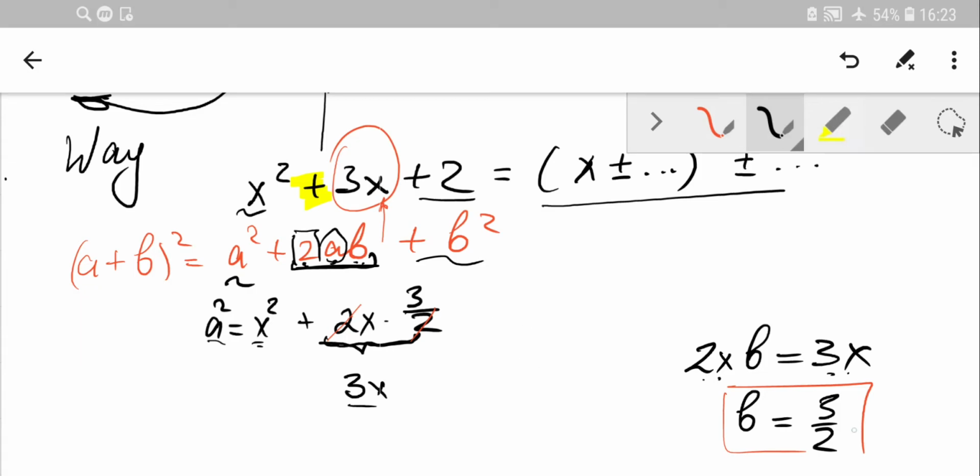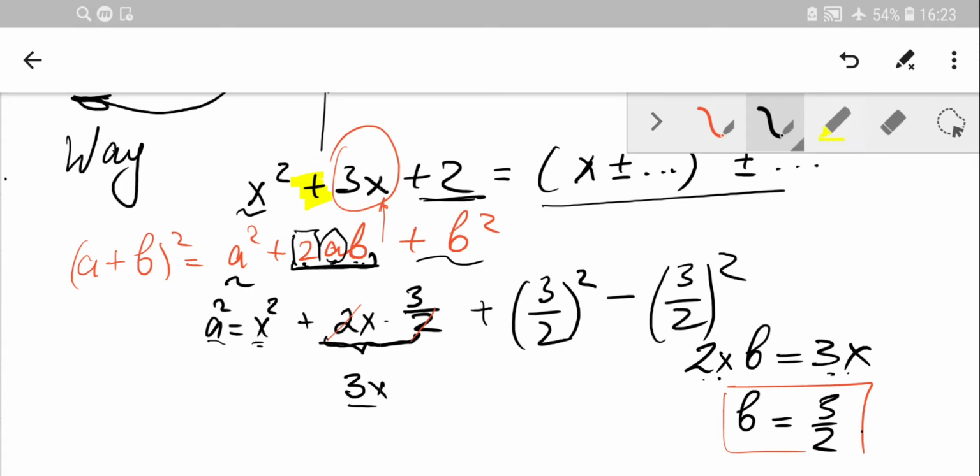So with no relation to what you have here, you add 3 over 2 squared and immediately subtract it, because you don't want to change your original expression. You understand that this small part of the expression, 3 over 2 squared minus 3 over 2 squared, will give you 0. So that means you didn't change anything at all.